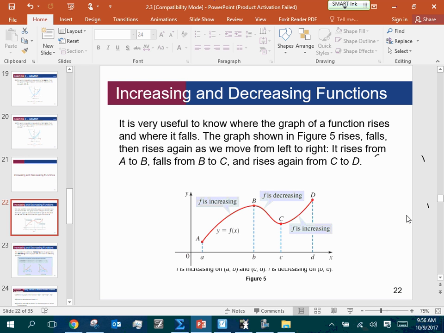Can you see between A and B here, you are increasing because your y values are getting bigger and bigger? What's happening between B and C? Decreasing. What's happening between C and D? Increasing. What kind of point would you call B? It's a maximum, a largest y value.